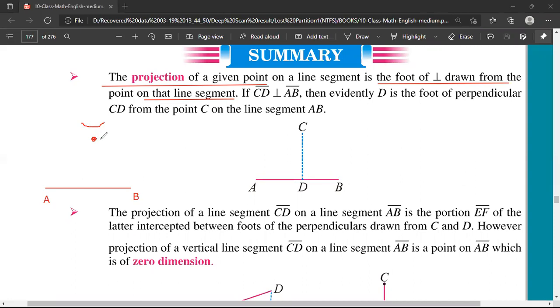So consequently, if we glow a lamp or a light exactly behind this point, and it is an opaque point, it means that light cannot pass through this one.